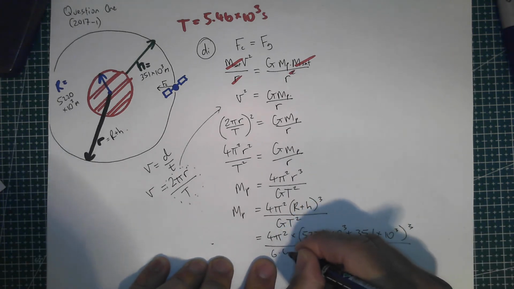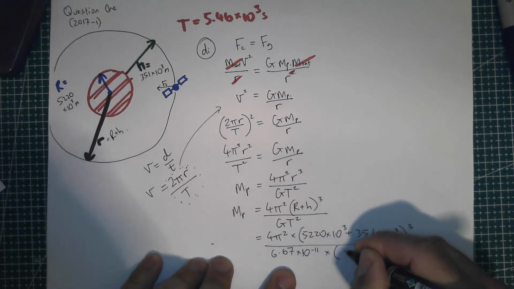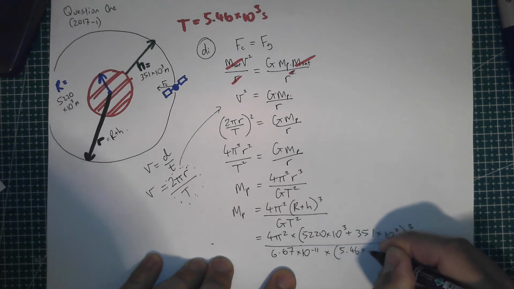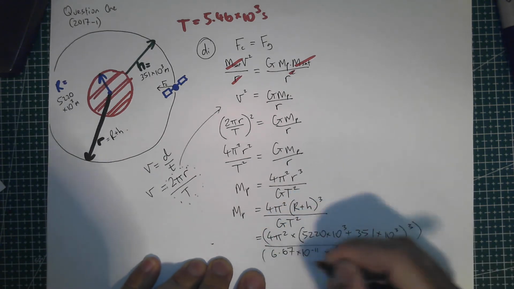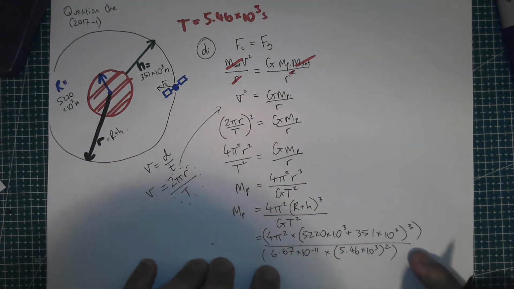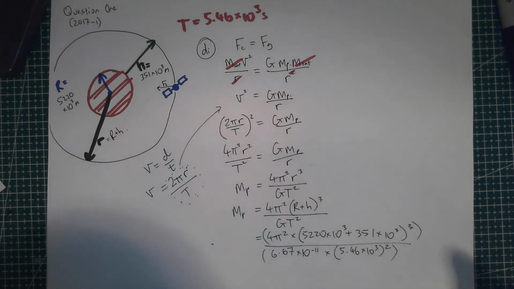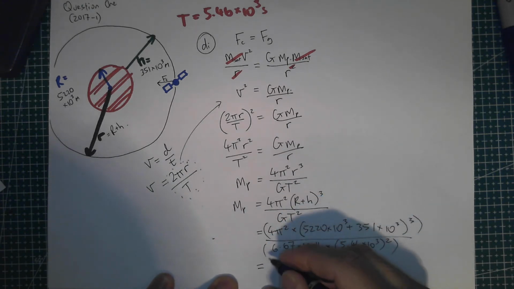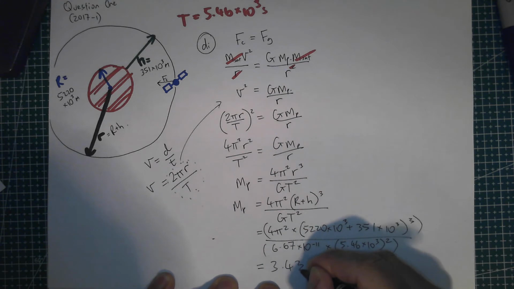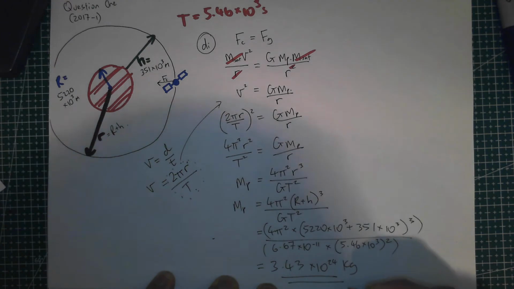And then 6.67 times 10 to the negative 11, and here is our time period. Now I'm going to put all this in extra brackets so that I can just enter it into my calculator like this with all the brackets. And remember to use the EXP button if you've got it to do these exponents. Cool, and if we bung all these numbers into your calculator, you get a mass for the planet of 3.4 times 10 to the 24 kg.